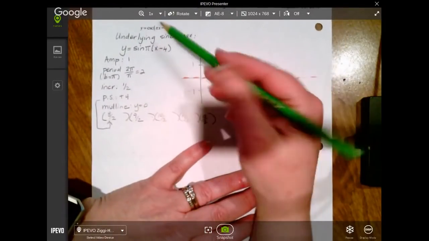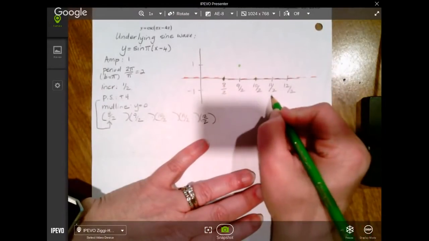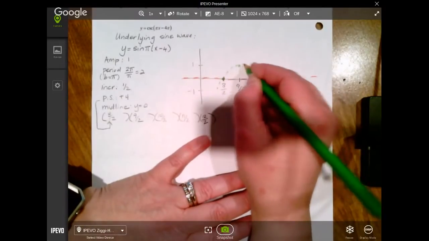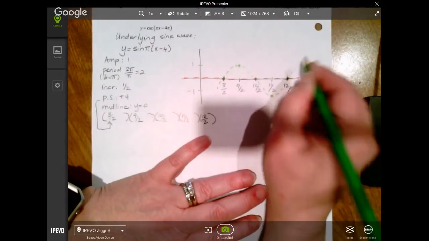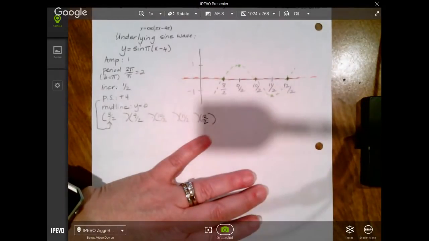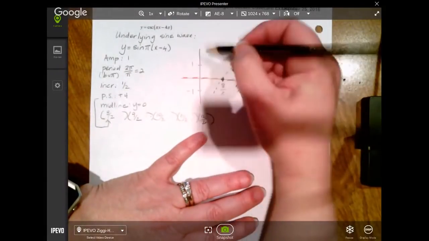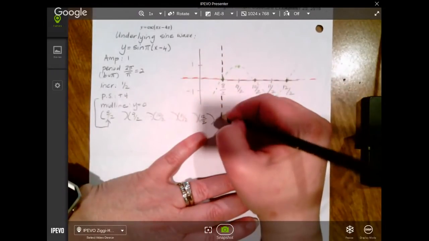It's a positive curve, so we're going to go up in amplitude, back to the midline, down in amplitude, back to the midline. And then I'm going to do my underlying curve in dashed lines because it's not part of the curve. It's just the guide wave. And then where my underlying guide wave hits the midline, that's where this cosecant is undefined. So there we go. They're my asymptotes.